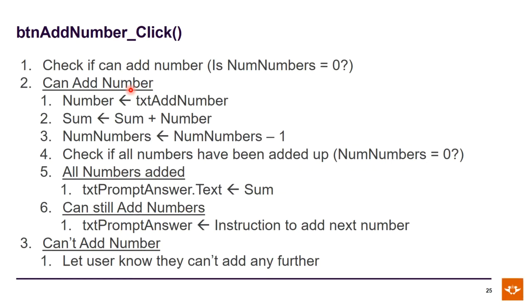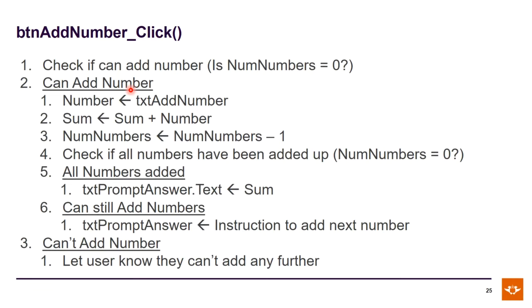No. So if it's not 0, and here is where it gets confusing, because remember in an if statement, if a number is 0, if it's true, it executes a certain code, and if it's false, it executes something else, right? If it's true that the number is equal to 0, what does that mean? If we got to a point where num numbers is actually 0 right now, what does that mean?